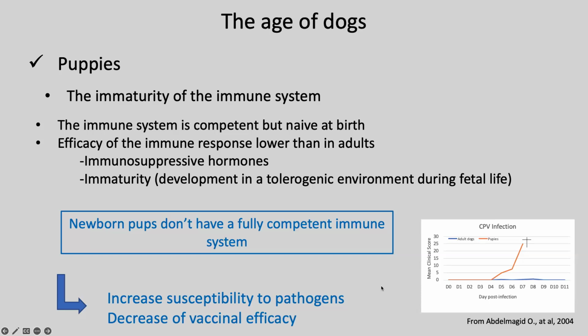So we need to keep that in mind, because we have the increased susceptibility to pathogens, but we also know that the response to vaccine is less efficient in pups than in adults.